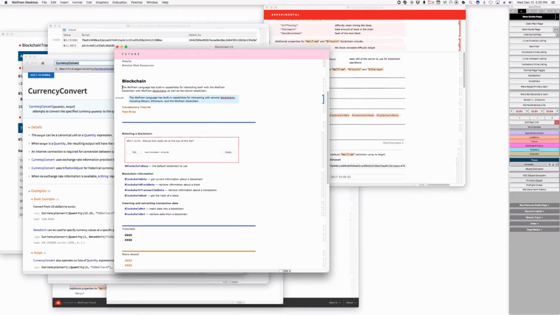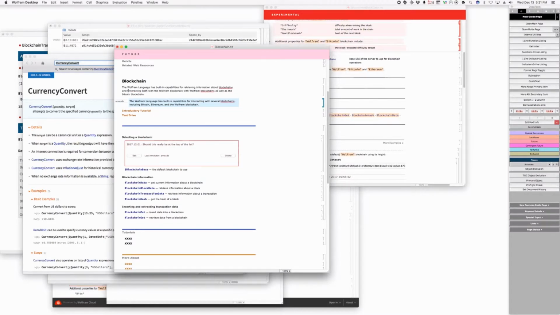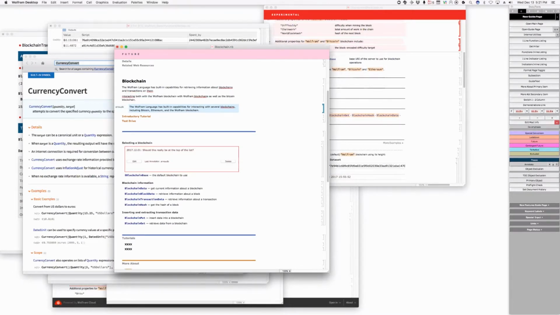We want to say here, and maybe we don't need to write this right now, that it has built-in capabilities for retrieving information about blockchains and transactions. Well, okay, I'm not sure I can write this right now.